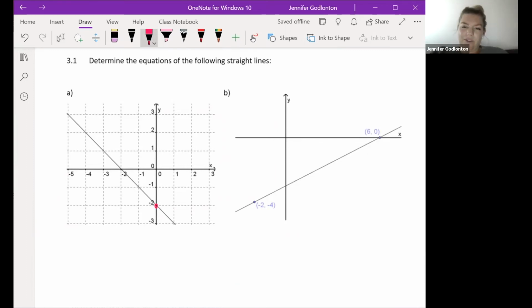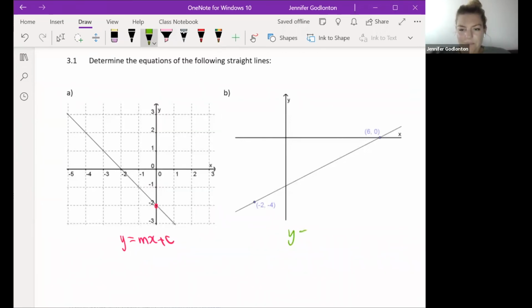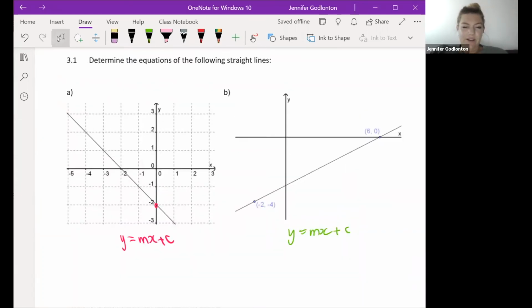For the other one, we have to find the gradient and the y-intercept. You can get going on them, and when you give me your answer, you can give it in a color: the pink one is this, the green one is this. Then we're going to go through these 2 together. This is just some revision of stuff that we did earlier in the course.